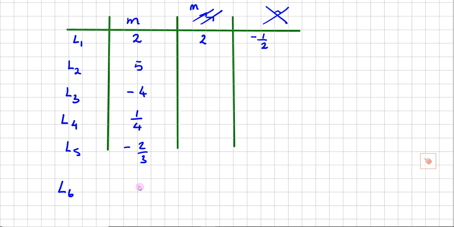L6, I'm going to do 5/7. So there's a few for you to write down. So those are the gradients of the lines I'm giving you. I want you to state the gradient of any line that would be parallel or any line that would be perpendicular. So just the gradients.